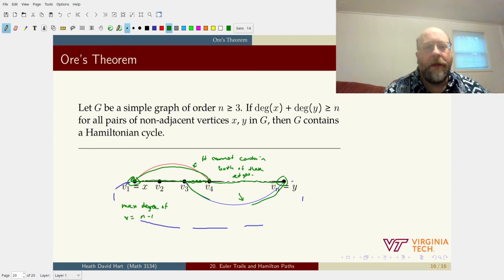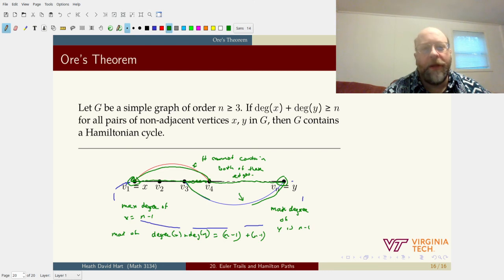If there are n vertices and x connected to every other possible vertex, that would be n minus 1. And the maximum degree of y is n minus 1. And so the max of the degree of x plus the degree of y is n minus 1 plus n minus 1.